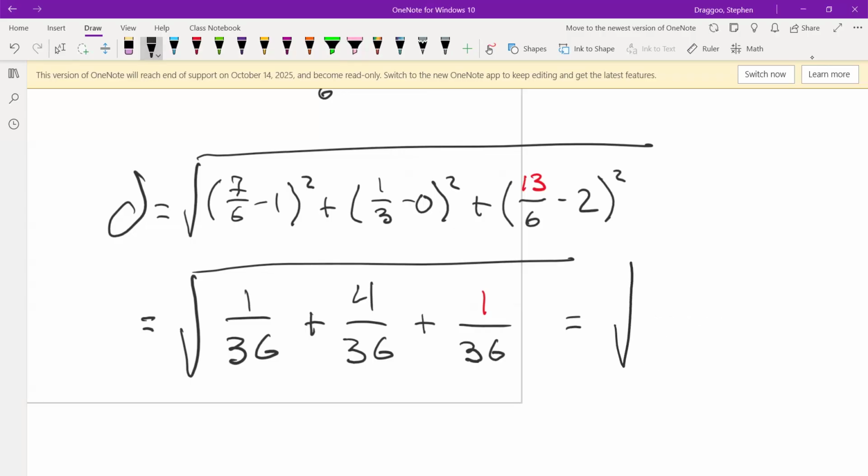This is the square root of 6 over 36, which in turn is 1 over square root 6, or root 6 over 6. And that, I think, is a much better answer. Yeah, feels a lot more like a minimum.